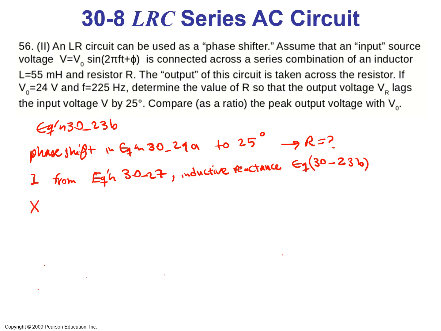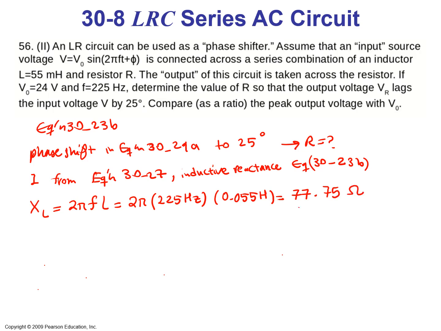Okay, first, the reactance of the inductor is equal to 2 pi f times L, 2 pi times 225 hertz times 0.055 henry, and that gives us 77.75 ohms.